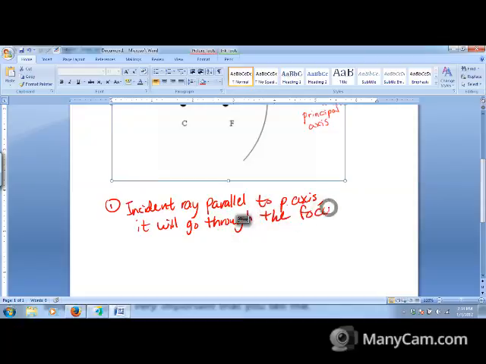Okay, and I think I introduced this before, but I just want to make it very clear that these are guidelines for drawing ray diagrams. So if an incident ray is parallel, that means if the principal axis is right here, it's going to go on forever, never touch it. It's going to go through the focus or the focal point.